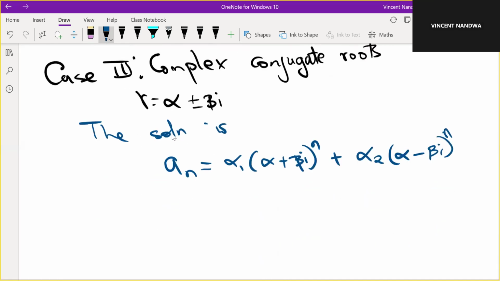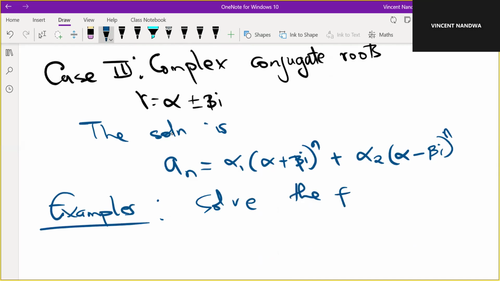So let's give examples. Solve the following recurrence relations.